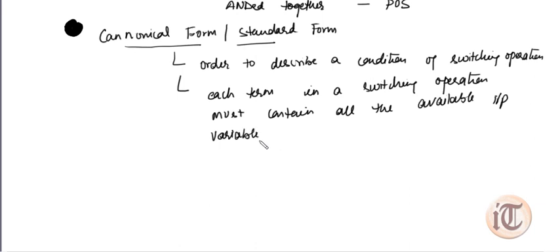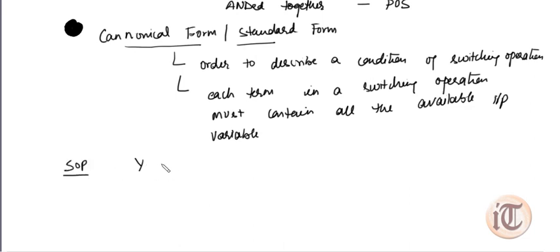As we know there are two forms, SOP and POS, in a similar manner we have two standard or canonical forms, standard SOP form and standard POS form, in which we have to keep in mind that all the literals will be contained in the expression.